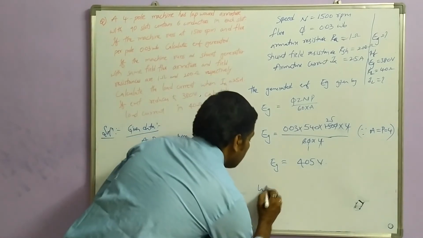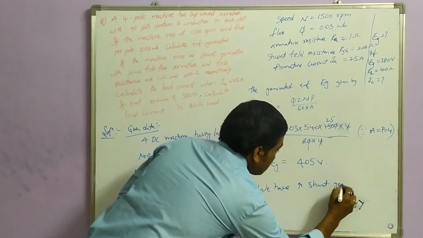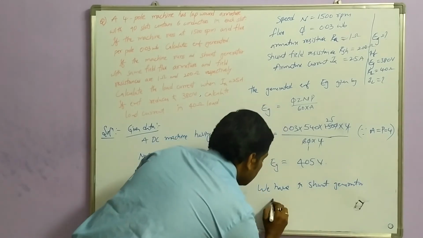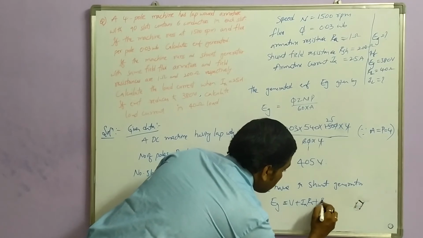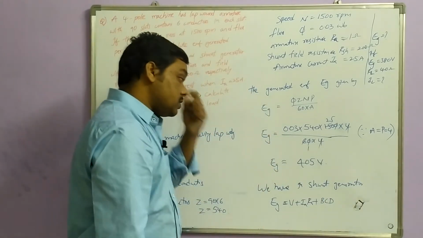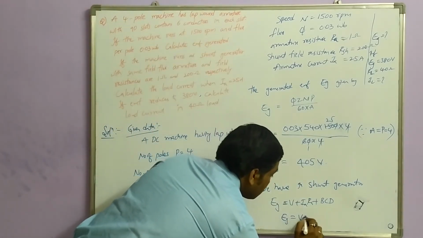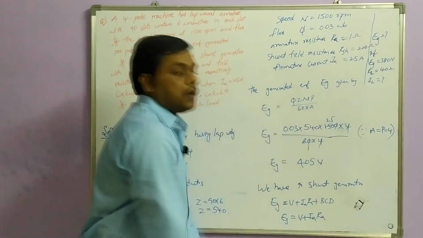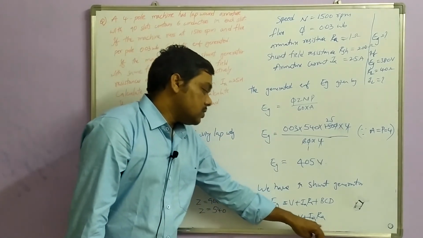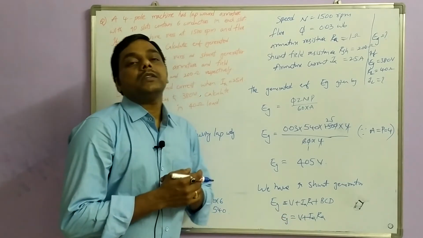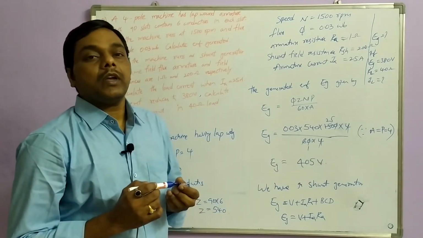In a shunt generator, EG is equal to V plus IA RA plus brush contact drop. Since the brush contact drop is not given, you can neglect it, and write EG is equal to V plus IA RA. This will give the actual voltage for the generated EMF of 405 volts.